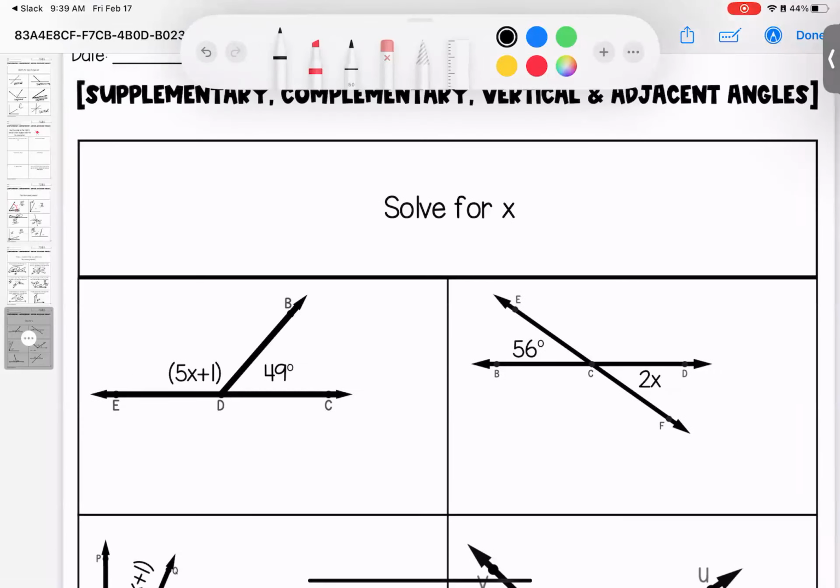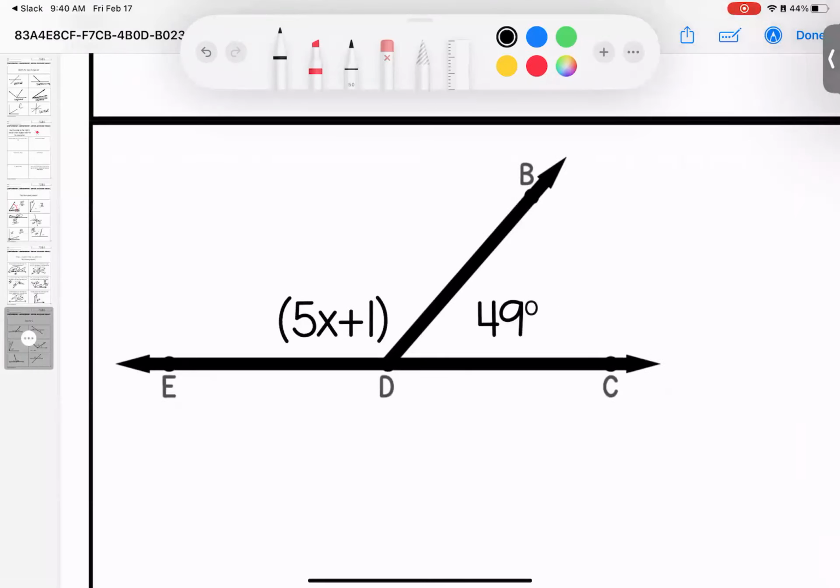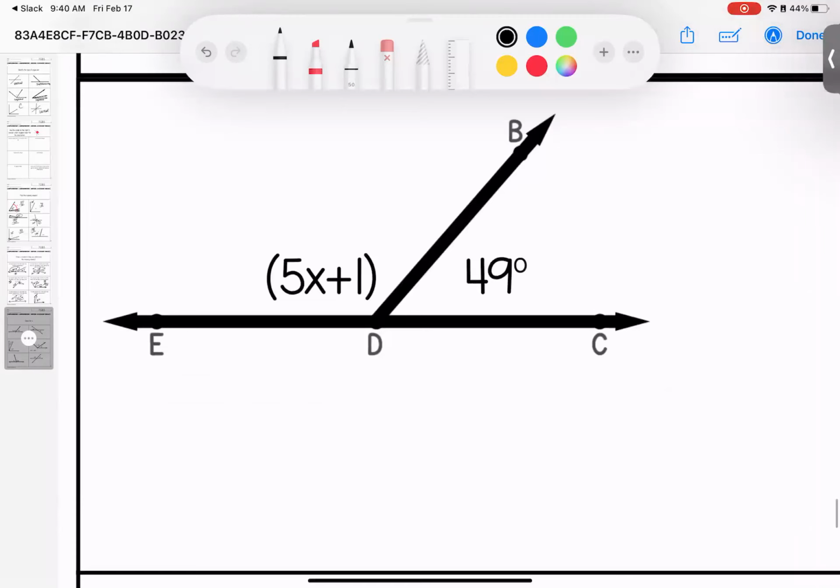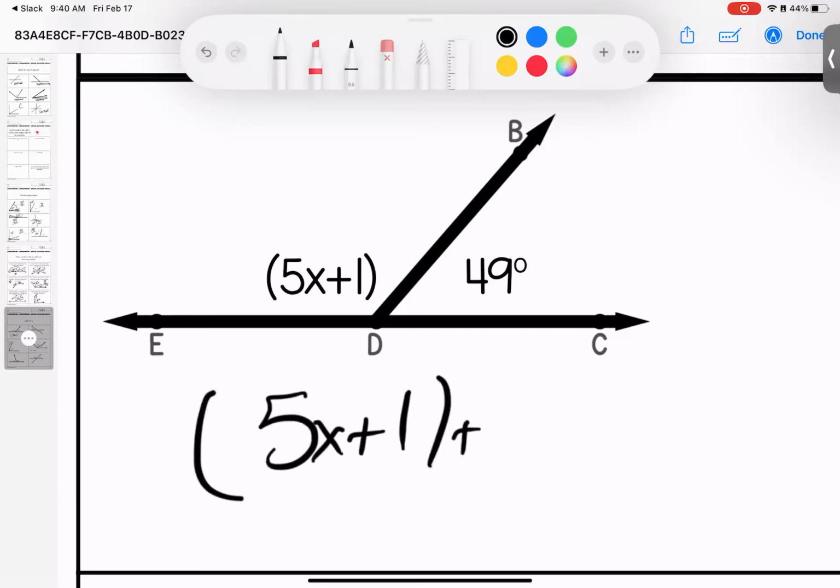All right, for here, we are solving for x, trying to figure out the value. So I know that altogether this has to equal 180 degrees. So if I'm solving for x, I have 5x plus 1 plus 49 has to be 180 degrees. I'm going to follow my same rules that I would before. I'm going to start by subtracting my 49.